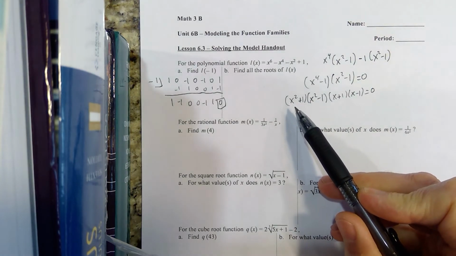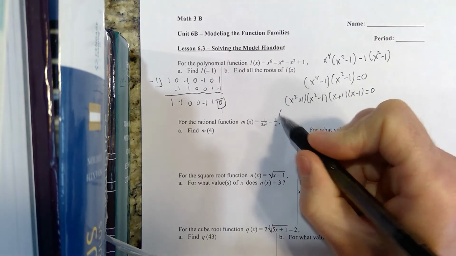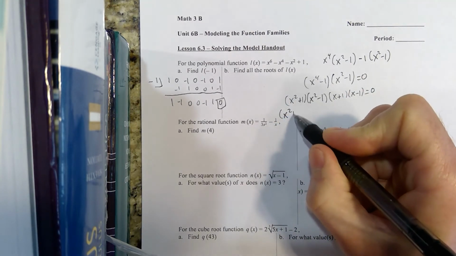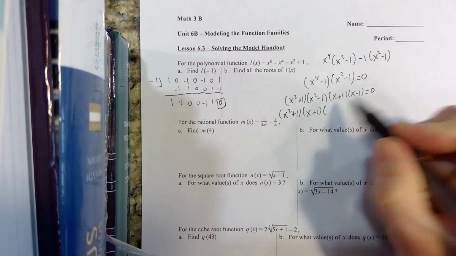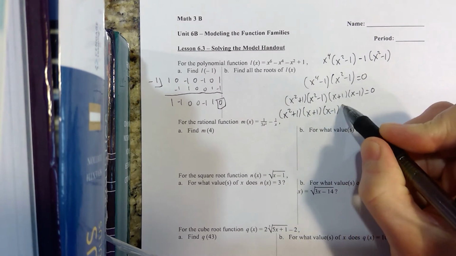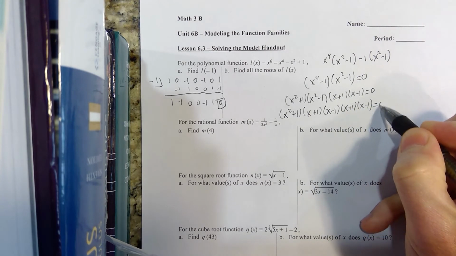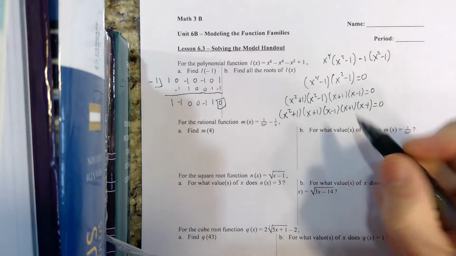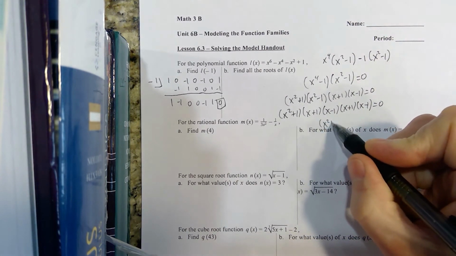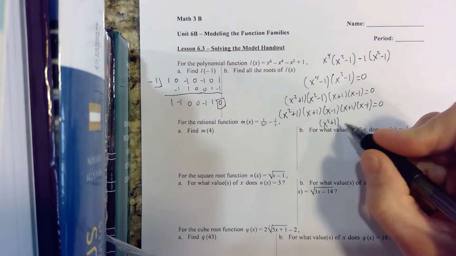A lot of students try to factor that. That's prime. Okay, so we could kind of clean that up if we want. It's x squared plus 1. There's a factor. Then I, of course, have a double root and another double root.